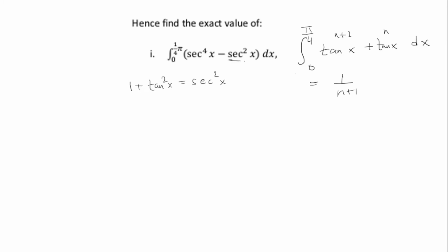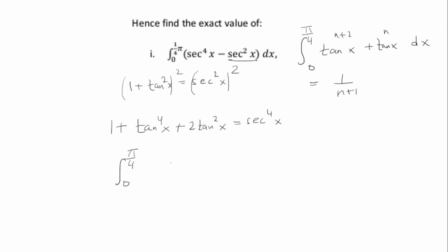Well, that's okay, but what about secant to the fourth? Well, I have to square both sides of the equation to get secant to the fourth. Okay. So I have 1 plus tangent to the fourth x plus 2 times tangent squared. Okay, so this is equal to secant to the fourth. And now we can just substitute it in.